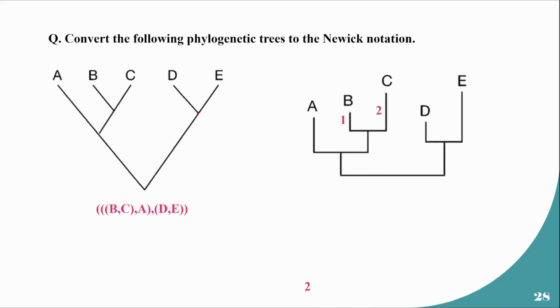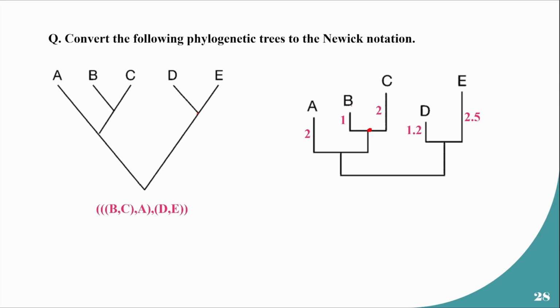Now let's say you are asked something like this. That seems to be the same phylogenetic tree, but here some values are given. Here, the same evolutionary distance from a common branching point is not considered, but the distances are given in some sort of normalized way.